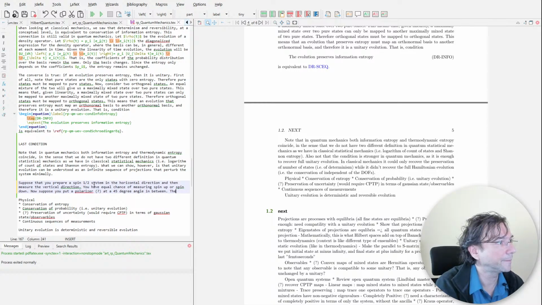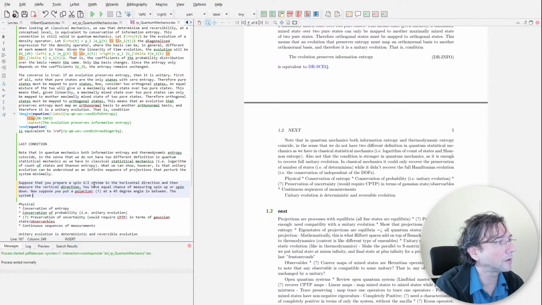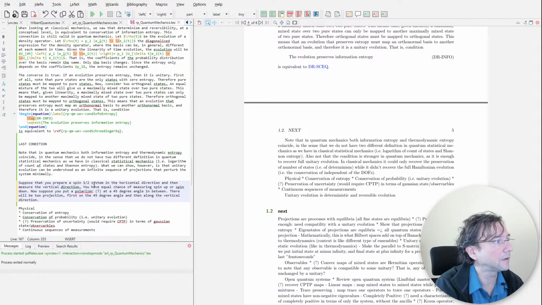The spin will, the system, there will be two projections, first on the 45-degree angle, and then along the vertical direction.